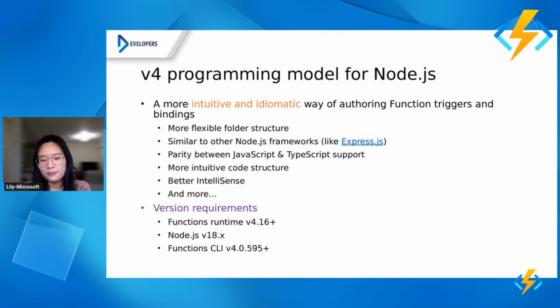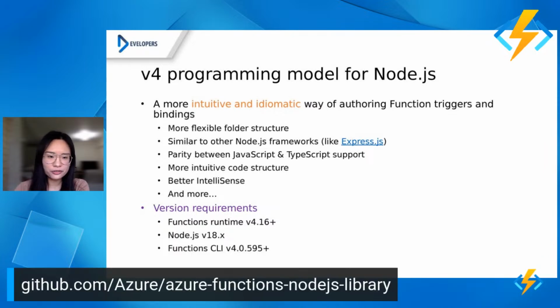We are looking for feedback to further improve the GA experience, and you can be part of this by trying it out and leaving us feedback in our GitHub repo. Before I jump into the next slides, I do want to mention that there are some version requirements for this new model. So if you're trying it out, be sure that you're on the right version.